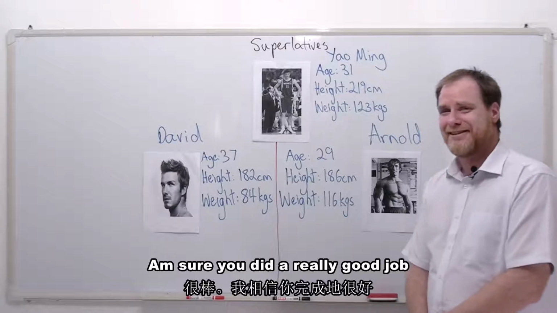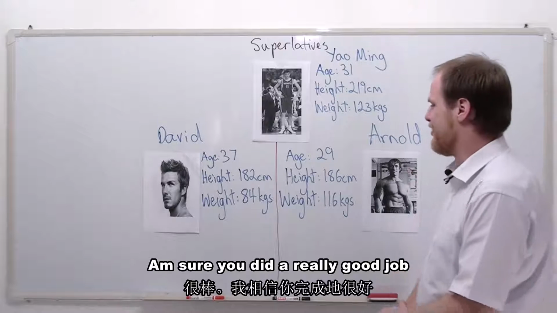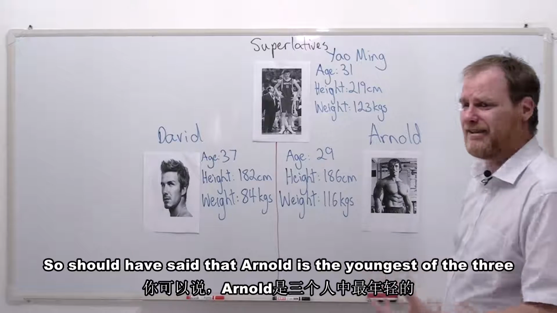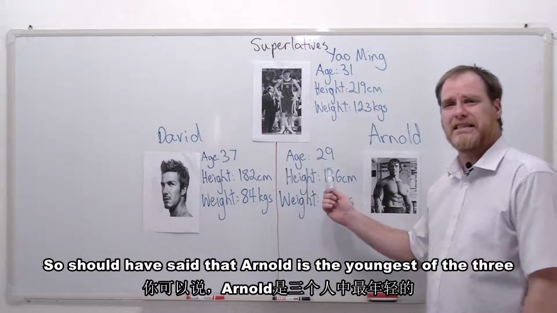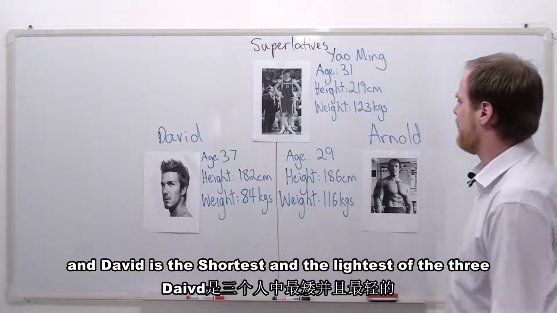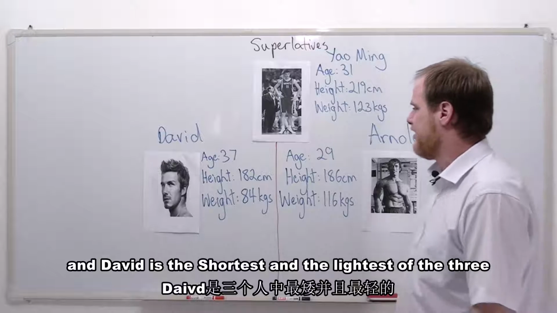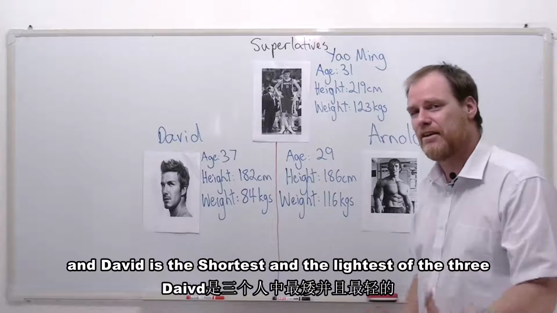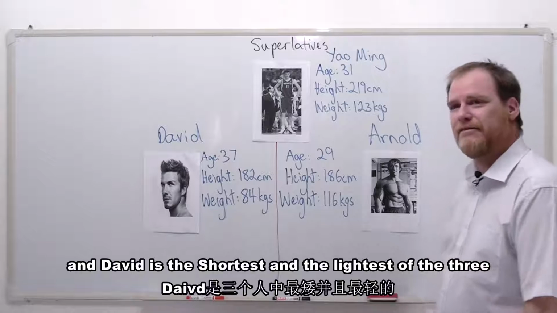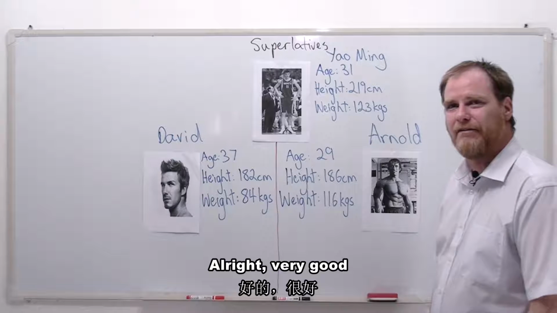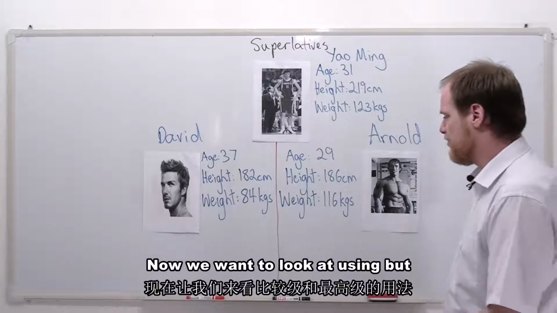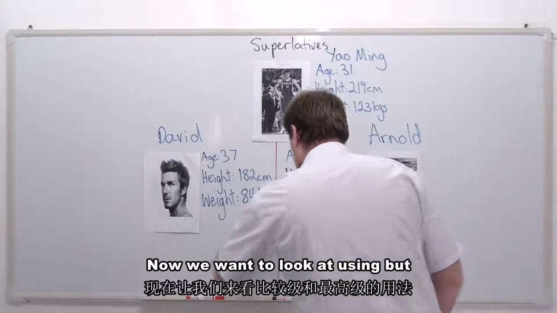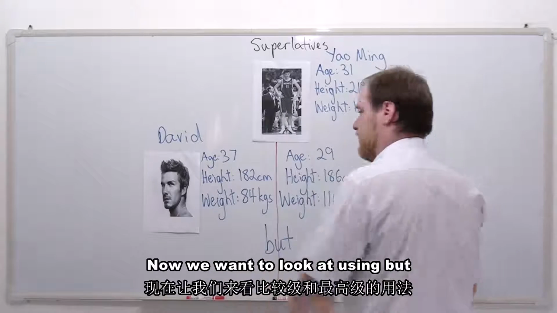Okay, great. I'm sure you did a really good job. So you should have said that Arnold is the youngest of the three, okay? And David is the shortest and the lightest of the three. Alright, very good. Now, again, we want to look at using "but."